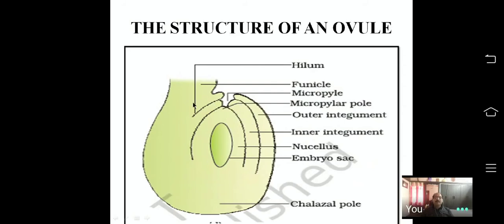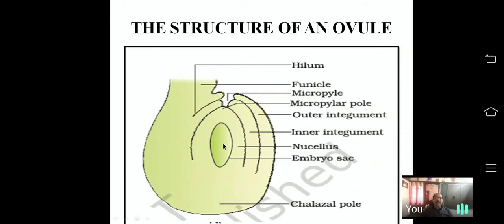Next, the centralmost part, this is the embryo sac. Embryo sac is also called female gametophyte. Which part of the flower is called female gametophyte? Embryo sac is also called female gametophyte.